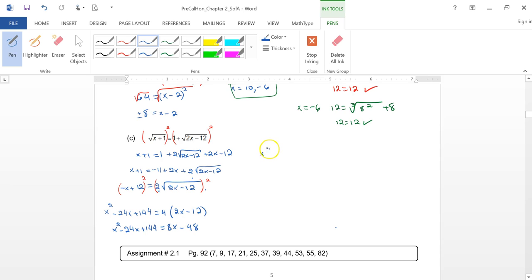Okay, so we have x squared minus 32x plus 96 equals 0.